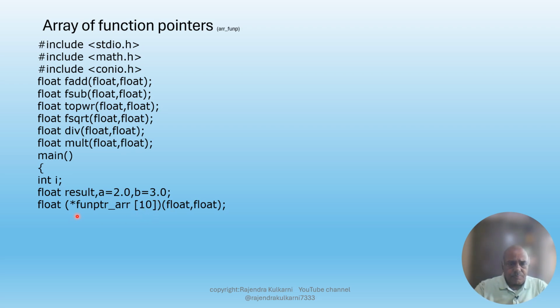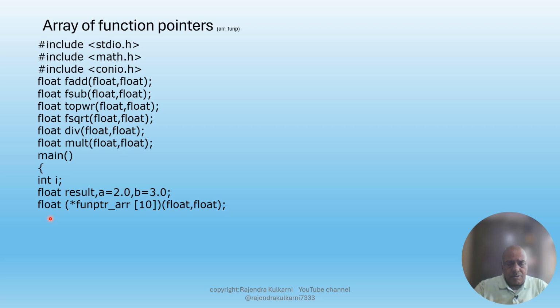So this part of the declaration of pointer tells the compiler that funptr_arr is an array with dimension 10 to which function addresses will be assigned.